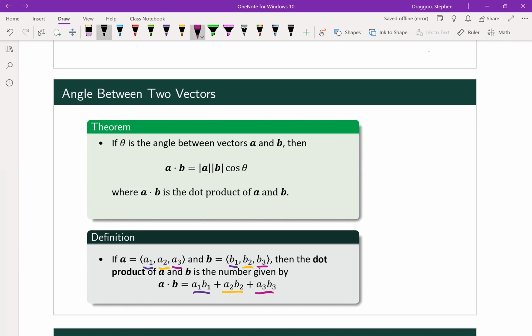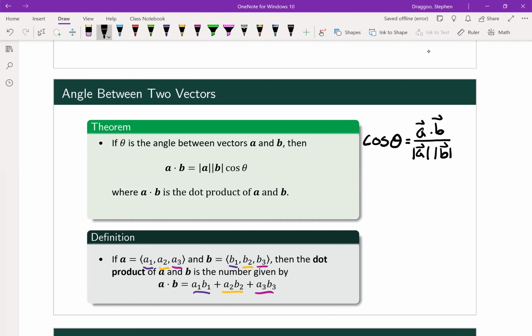Some other things to say about the angle that's between these two vectors. If we rearrange the equation given, we can say that cosine of theta is equal to the dot product, A dot B, divided by the magnitudes of those two vectors multiplied together.